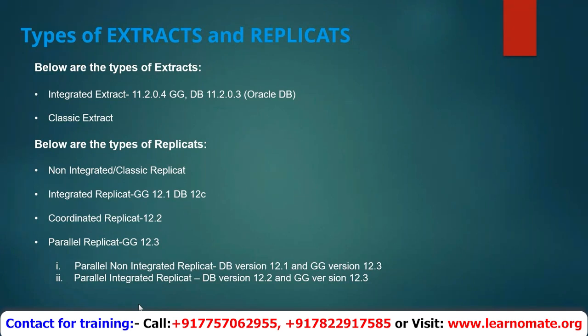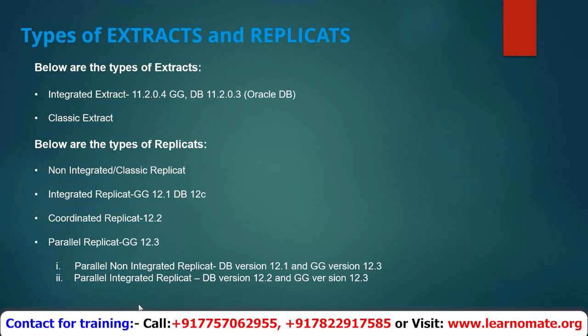The non-integrated replicate running in parallel mode is called parallel non-integrated replicate, and the integrated replicate running in parallel mode is called parallel integrated replicate. To use parallel replicate, the minimum GoldenGate version needed is 12.3. If your GoldenGate version is less than 12.3, you cannot use parallel replicate.